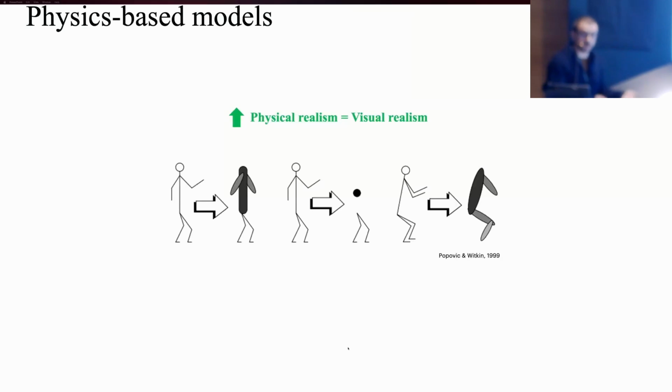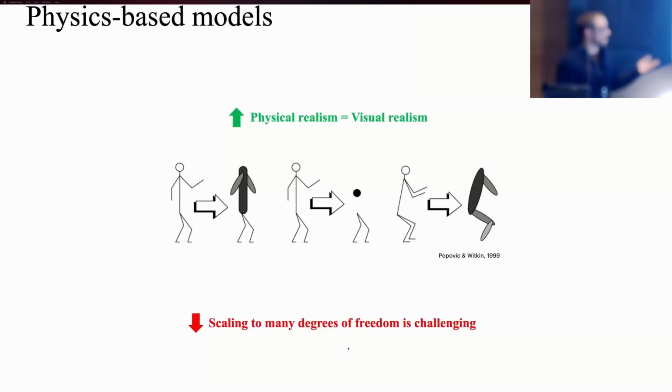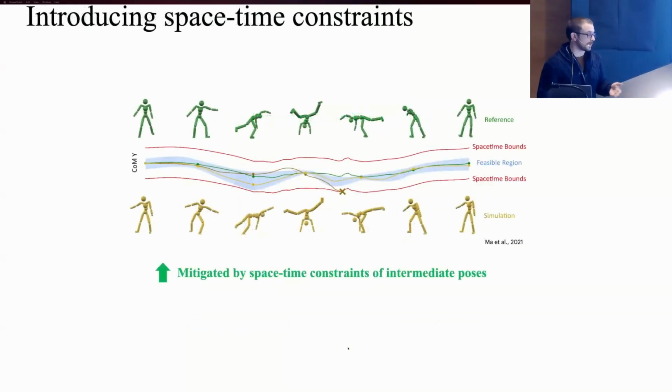If you obey the laws of physics, you are destined to get a motion that appears realistic. The problem is that as you increase the degrees of freedom, the complexity of the method increases exponentially. So at least one intermediate answer to this problem comes from introducing space-time constraints.